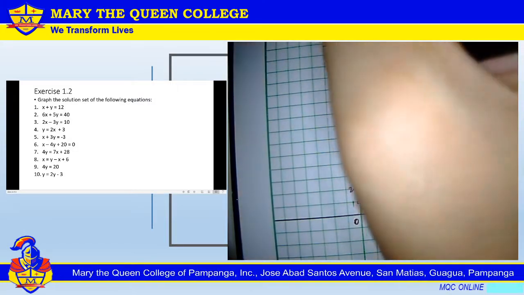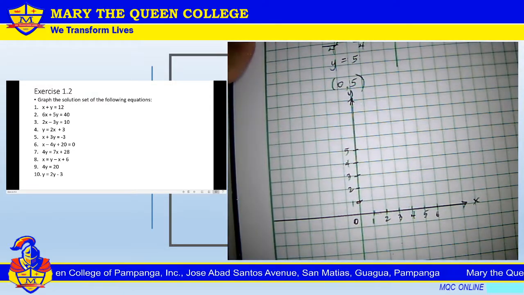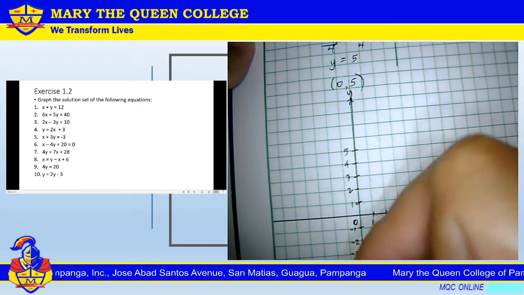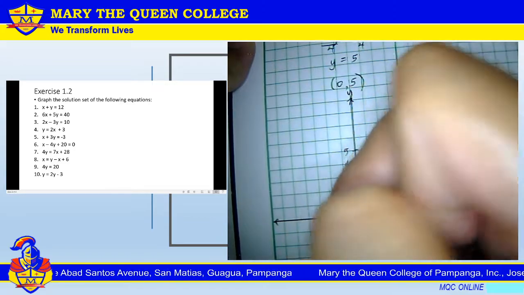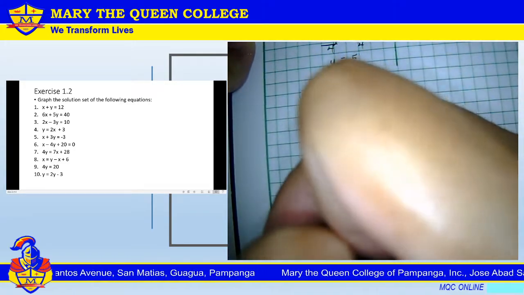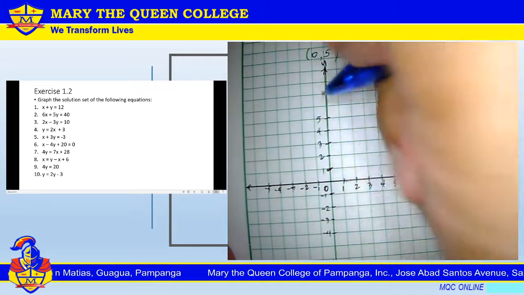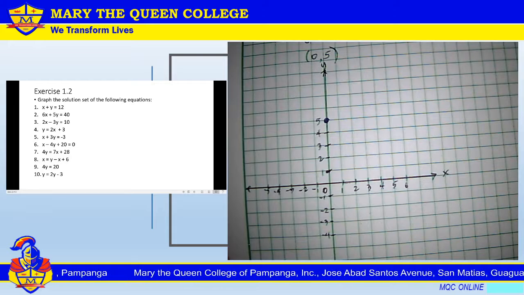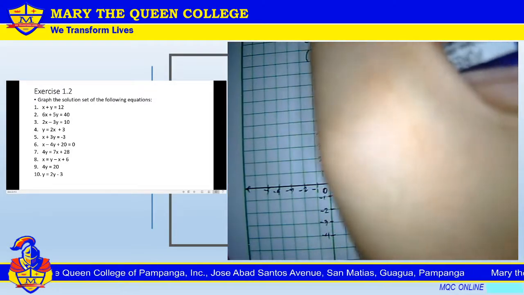This is our x-axis, this is our y-axis. Okay, so we have to plot the points. Okay, let me finish this first. Okay, so we will plot the point now. We have 0, 5. It is here. Okay, so we have 0 and positive 5.